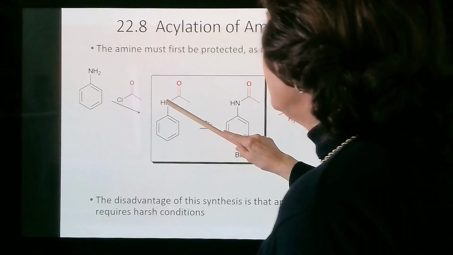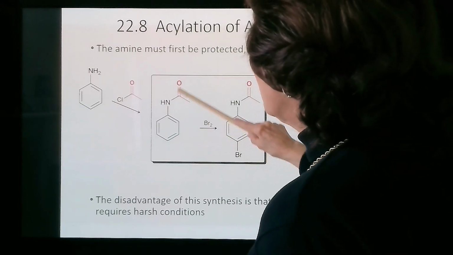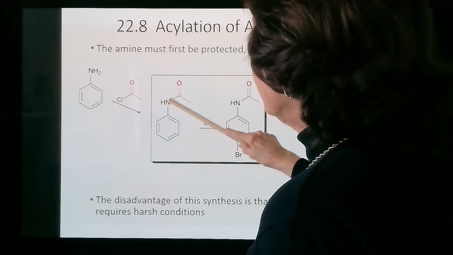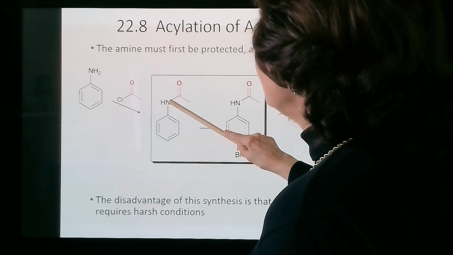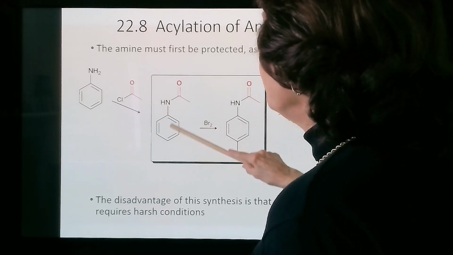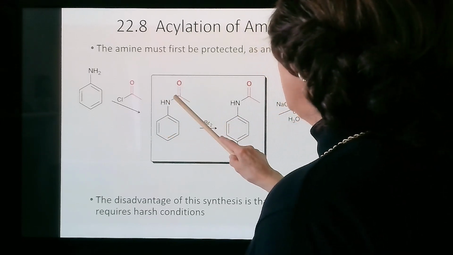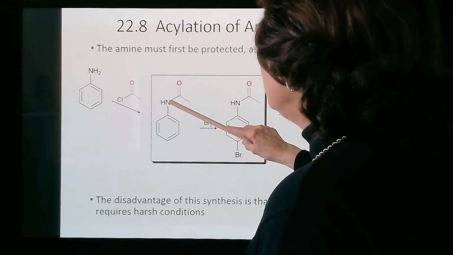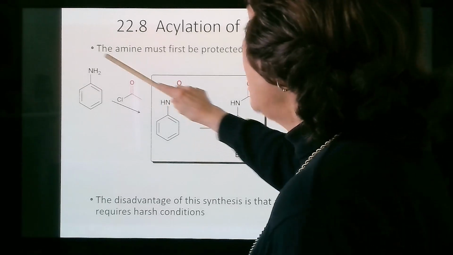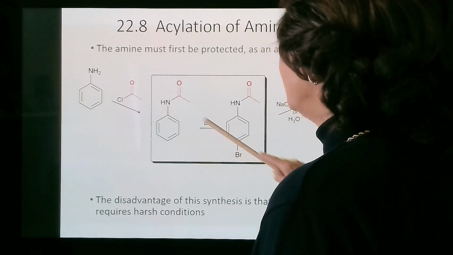Here, this pair of electrons is involved with the carbonyl. Okay, so you have a pi system up here. So this pair of electrons is not so available to the ring. It's involved up here, and you can actually draw the resonance structure of this. So this group is not so activating, but it is still activating, and it's paradirecting.